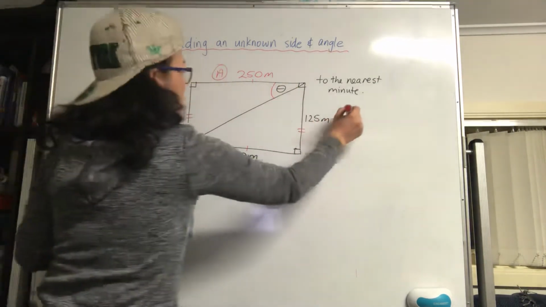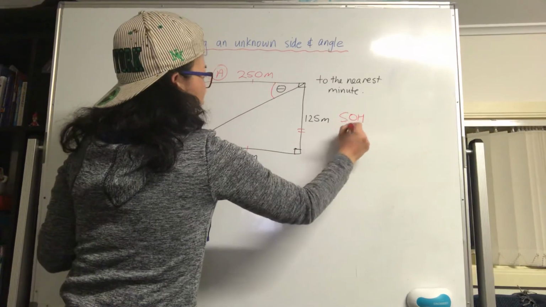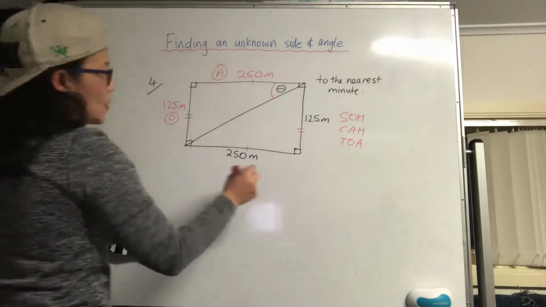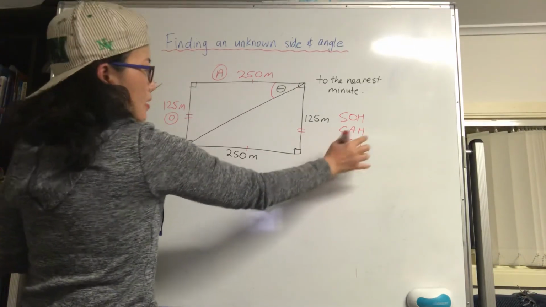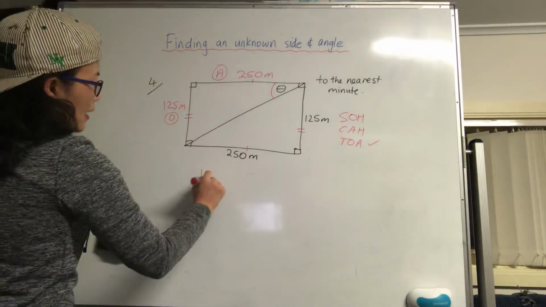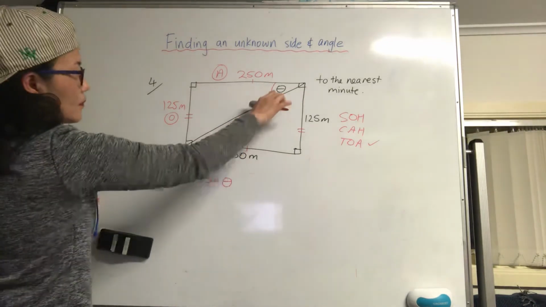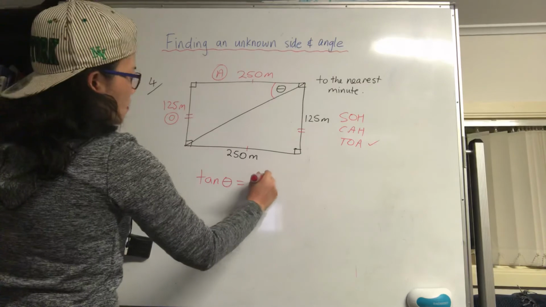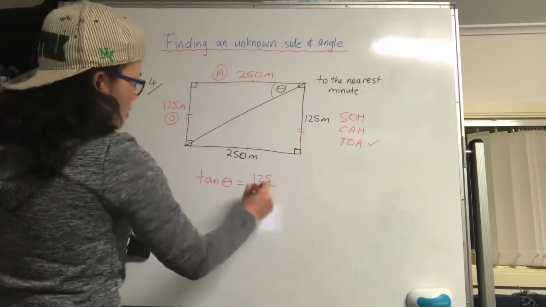So with SOHCAHTOA, which one has O and A that we have to use? O and A, that's tan. So tan theta equals opposite over adjacent, 125 over 250.